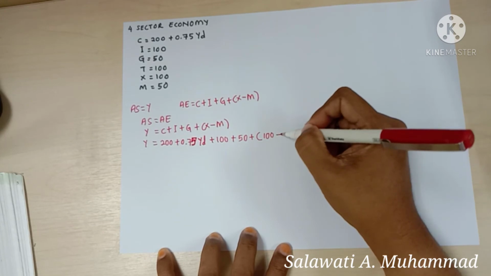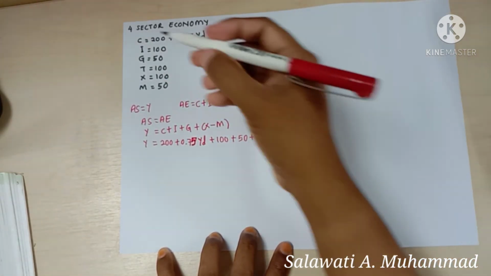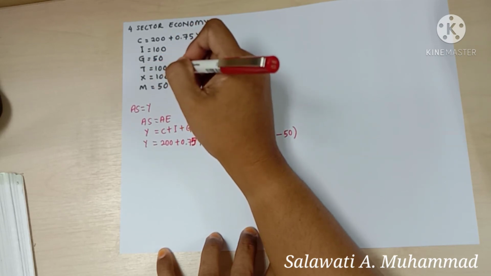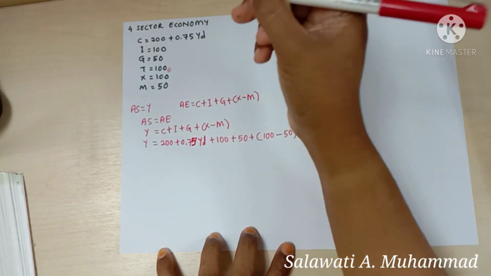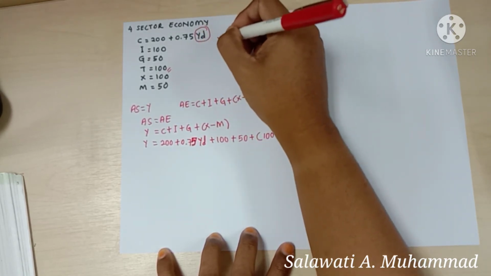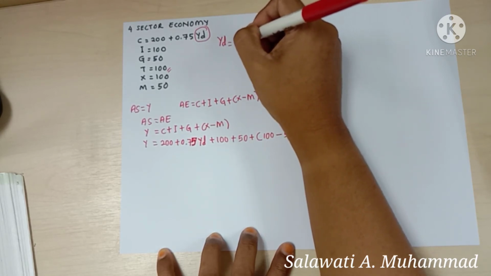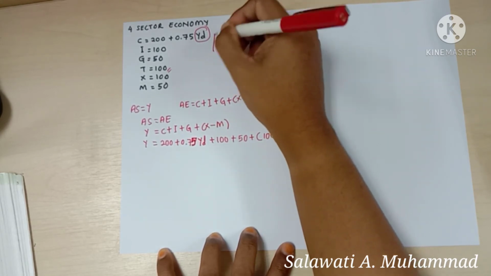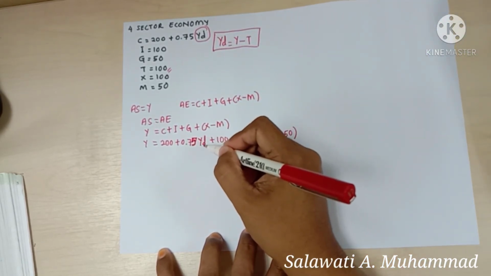Subtract with M. M is 50. Once again, we missed 100 here, a tax. Same like the 3-sector economy, YD in the 4-sector economy is Y subtract with T, meaning the amount of tax we put in YD here.